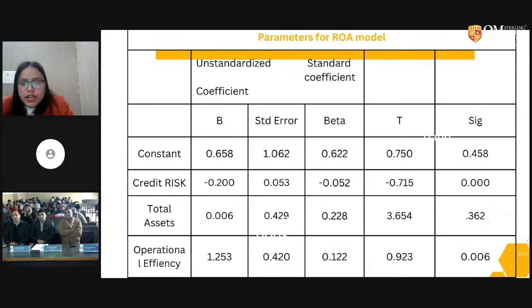So they convert the units onto the same scale, and then standardized coefficients are used for making the interpretation. So whenever you are analyzing the regression coefficients, you have to take into consideration these beta coefficients, and the significance value you have to check. Okay. Next slide, please.